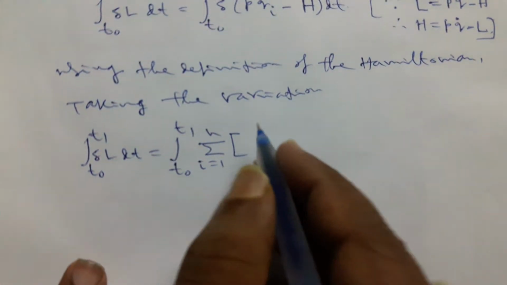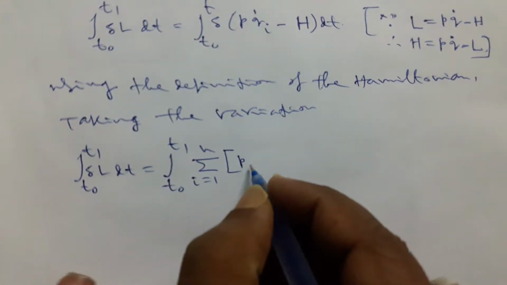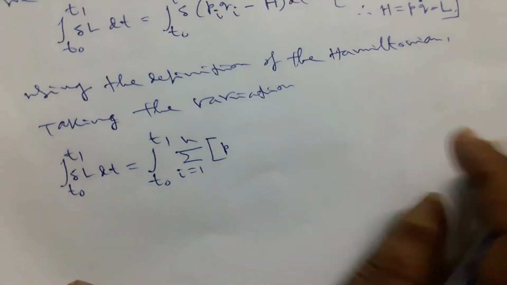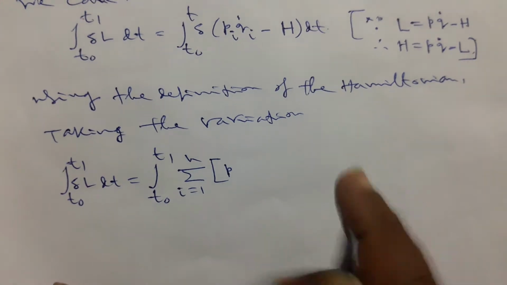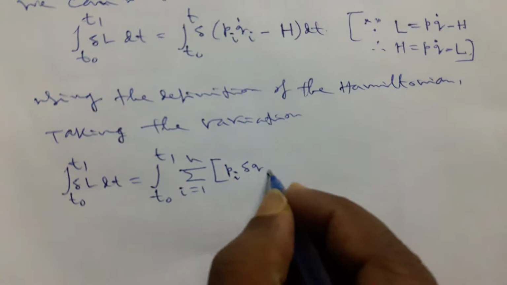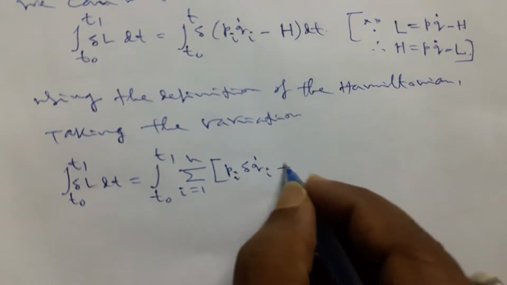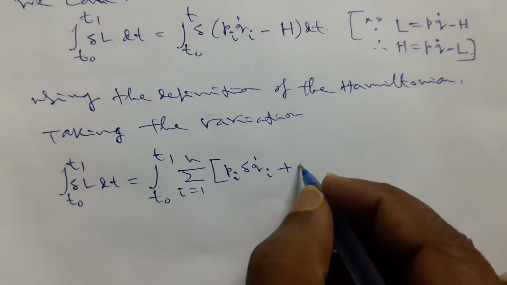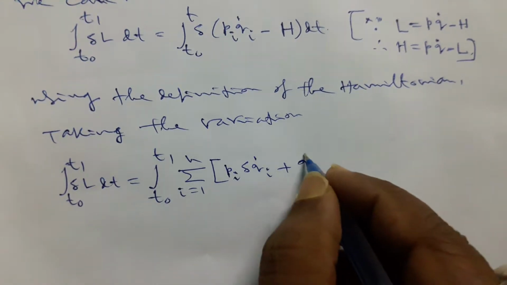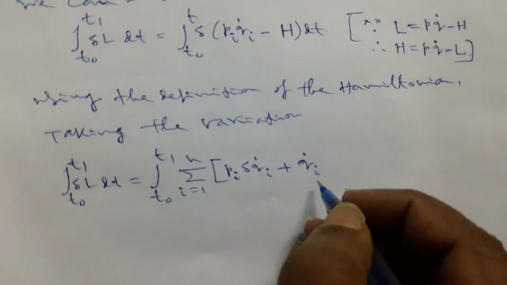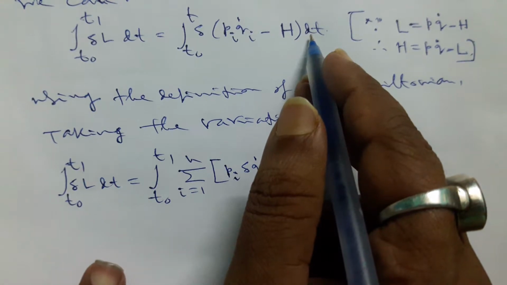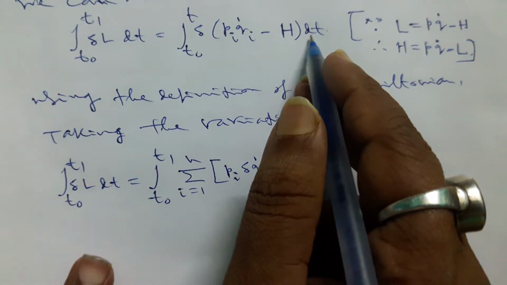If we take these variations, that is, here it is a pi, some mistake is there, pi del qi dot plus, here it is a qi dot, and H is the function of pi and qi.